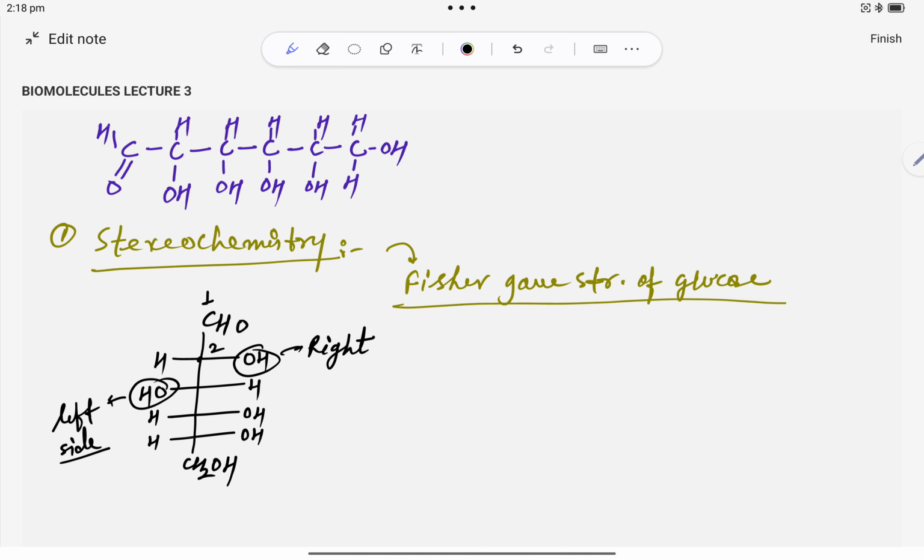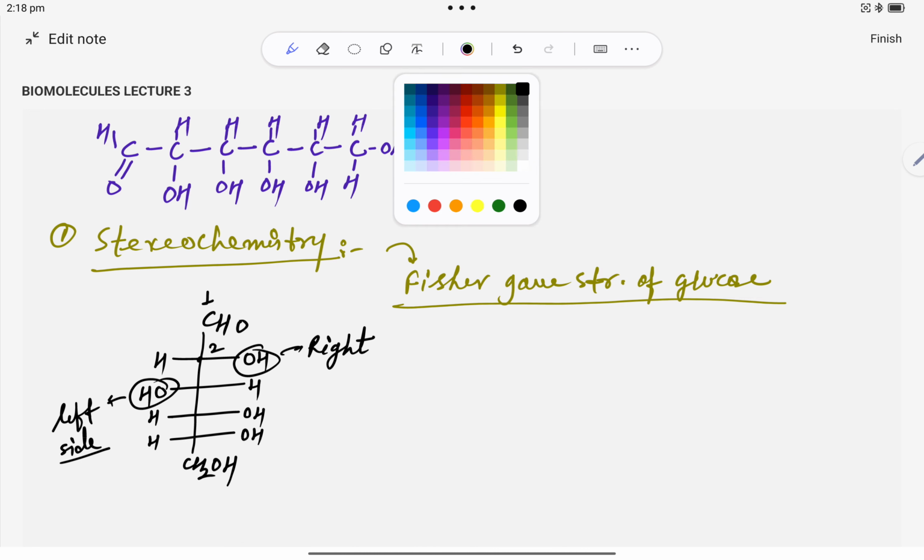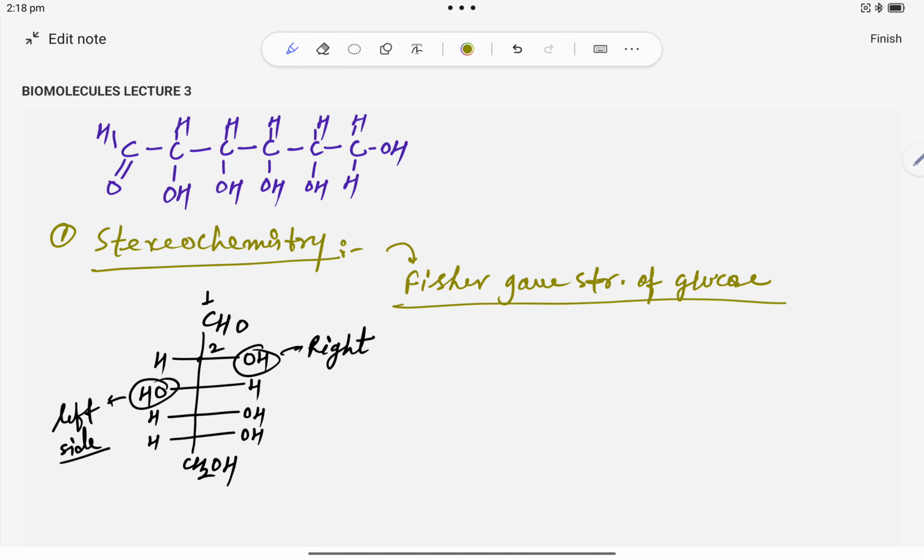Remember, carbon number 2 OH right, carbon number 3 OH left, then all the OH will be on the right side. So how many chiral centers are we having? This is a chiral center, this, this, and this. So total we are having 4 chiral carbons here.